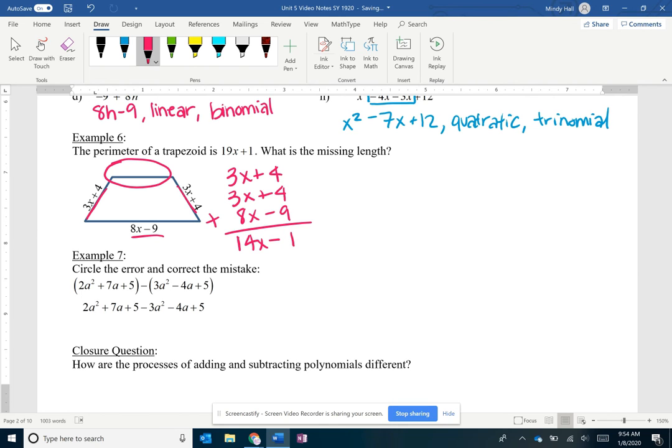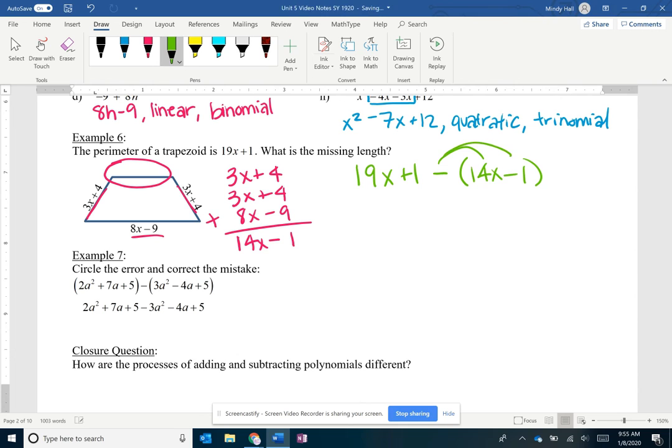So then we know that these 3 sides would be 14x minus 1, but we have that the total is 19x plus 1. So then we're going to have 19x plus 1 minus the quantity 14x minus 1. So if you write it this way, it'll just keep you safe from messing your signs up too much, because if you put the parentheses around the entire quantity, then you won't forget to distribute the negative to everything.